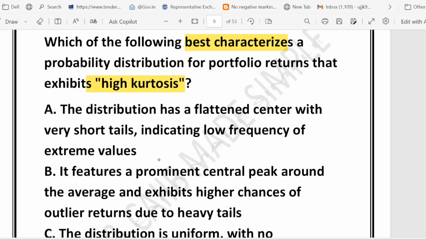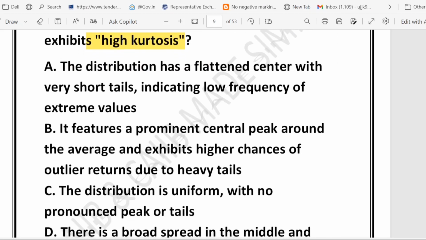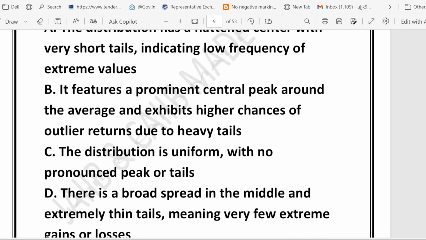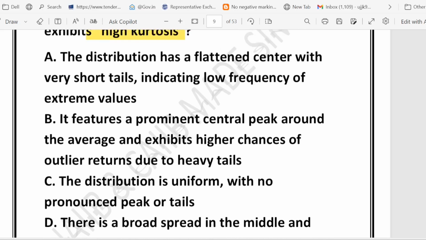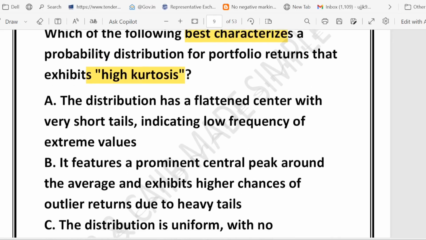Option B: it features a prominent central peak around the average and exhibits a higher chance of outlier returns due to heavy tails. Option C: the distribution is uniform with no pronounced peak or tails. And option D: there is a broad spread in the middle and extremely thin tails, meaning very few extreme gains or losses. These are the options that we have.